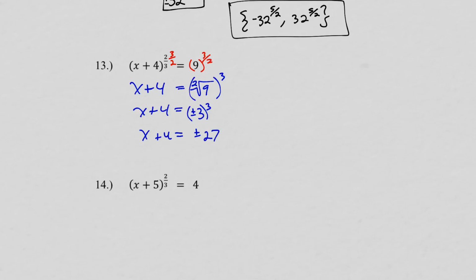So now, subtract 4 from both sides. So our proposed solution is -4 plus or minus 27.